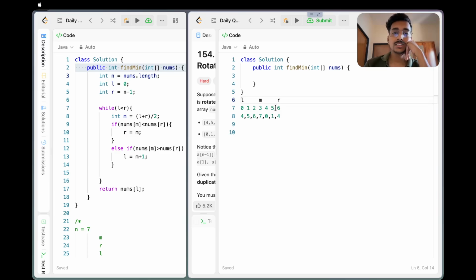Mid is less than r. That means mid, sorry, my bad, mid is greater than r. Okay, that means this condition is failing, but this condition is correct, right? That means I need to put L over here, not over there, here. Okay, again mid is at the fifth index.